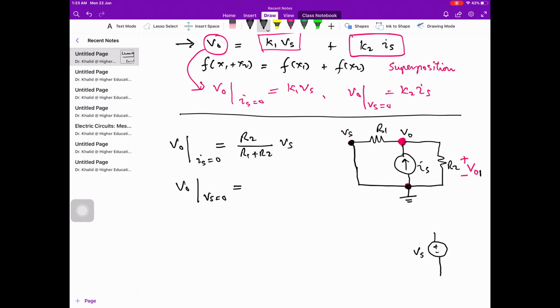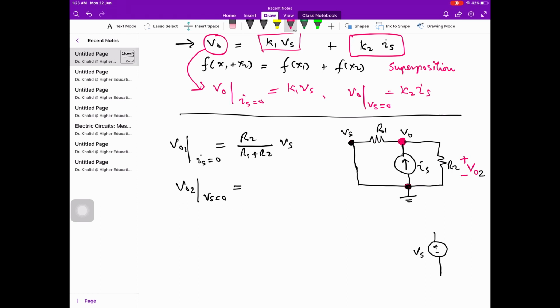Now in here we see that we can easily apply the current division rule, and let me use a different symbol over here. This is VO2, means output voltage only due to the second source. Now I can differentiate, this is VO2 and this is VO1.